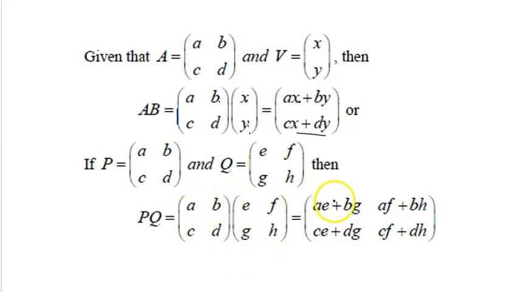So a times e plus b times g. This time we have another column, so first row, second column, and when you do that, you get this. Then we come to the second row, first column. That one will be ce plus dg. And then second row, second column, and that one will give you this. So this is how we multiply.